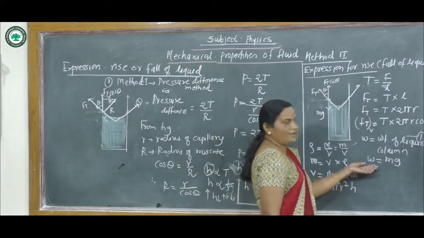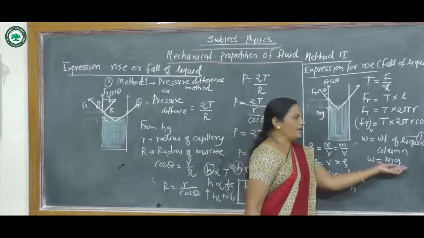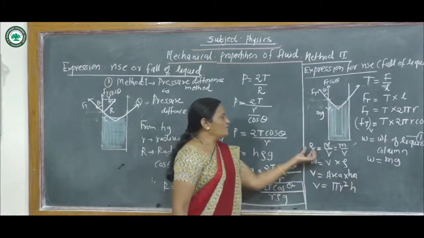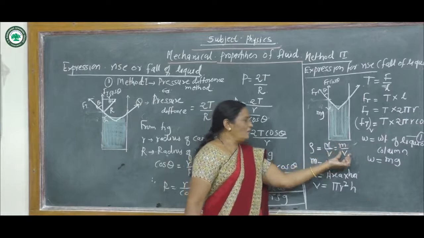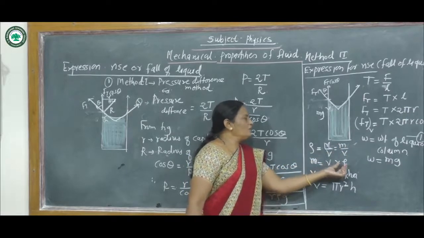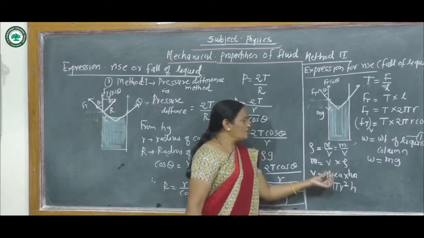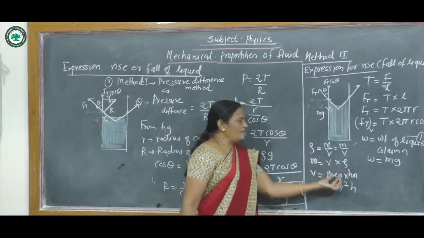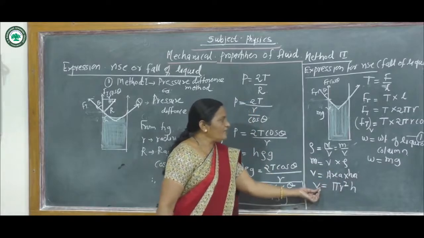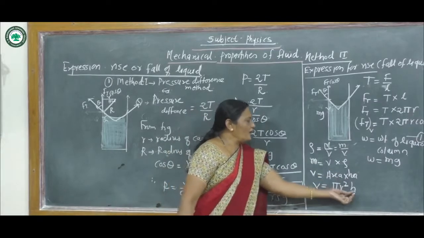Weight is equal to mass into gravitational acceleration. We know another definition, rho is equal to mass upon volume. Therefore mass is equal to volume into rho. The volume of this liquid column can be written as area multiplied by height, so V is equal to pi r square h.